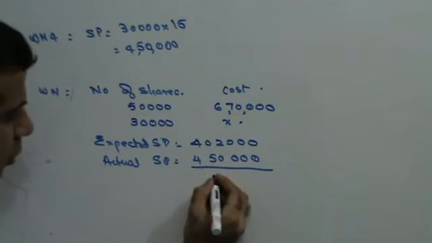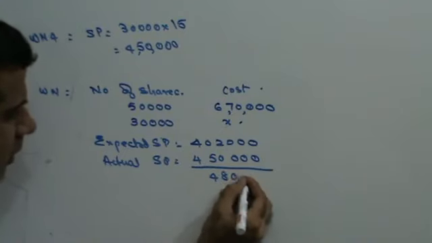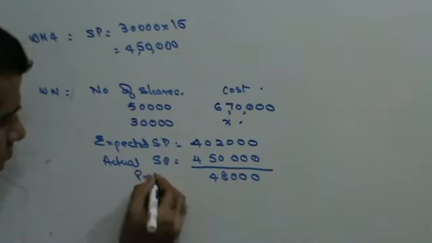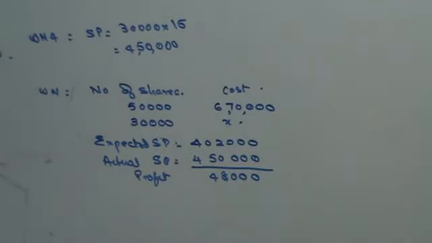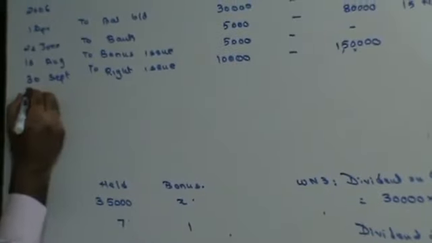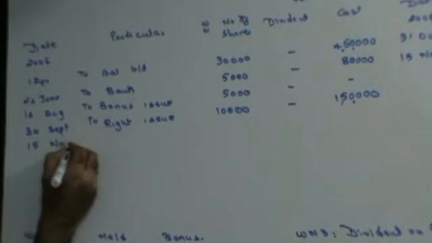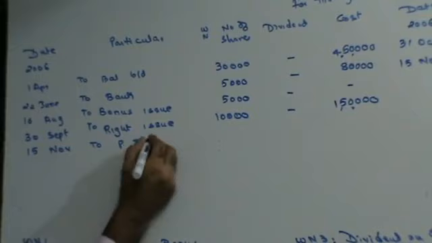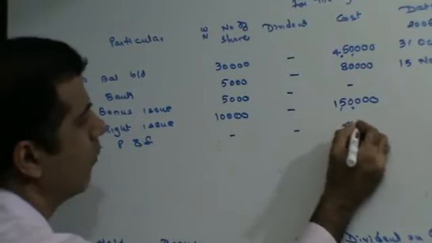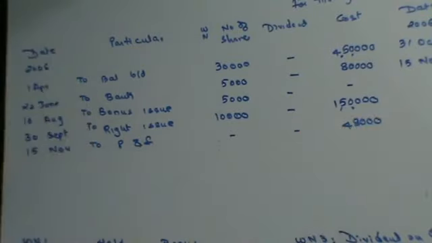So this is going to be 48,000. I'm making a profit of 48,000. So this will come here, on 15th November, to P&L, 48,000. Fine, do we get this thing here? So you made a profit of 48,000.